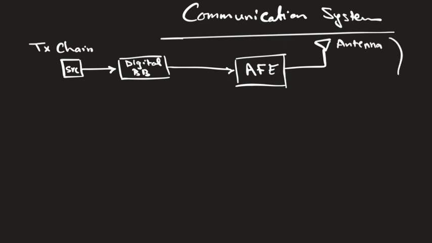Okay, and the signal comes out from the antenna, goes to the free space. Typically, we are more concerned with wireless communication systems. Okay, the receiver chain is the opposite of this.